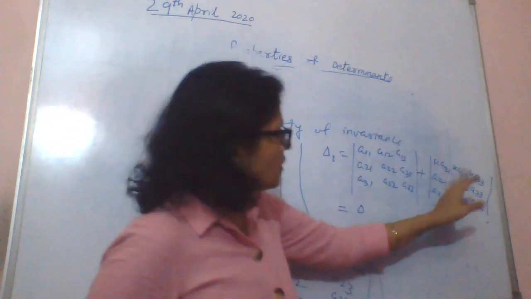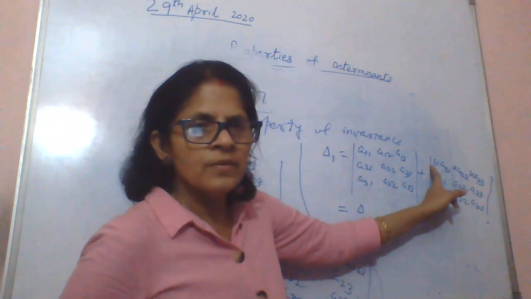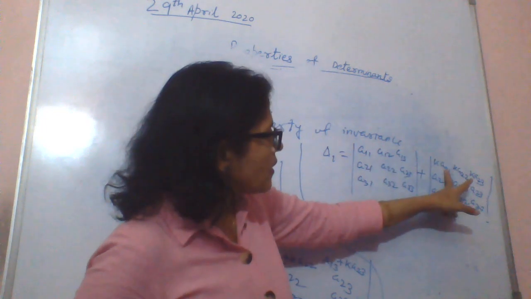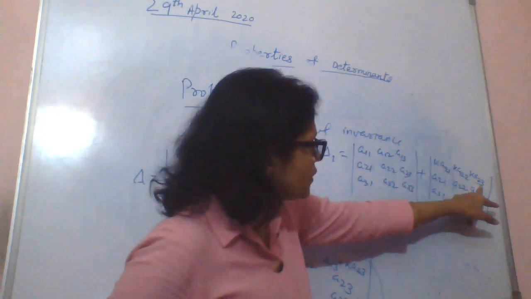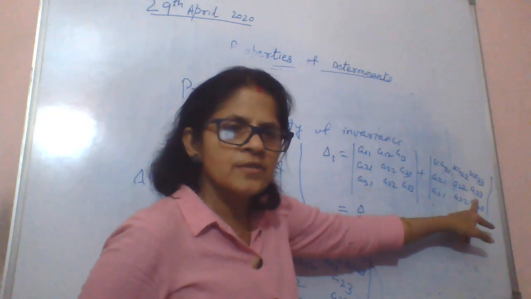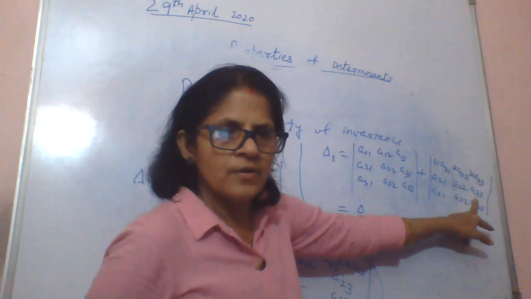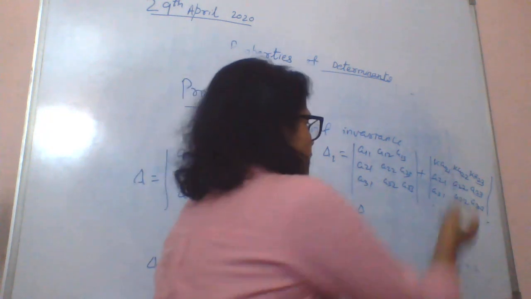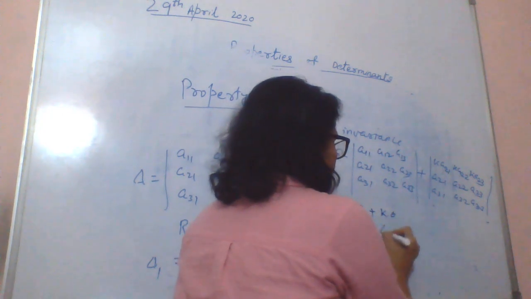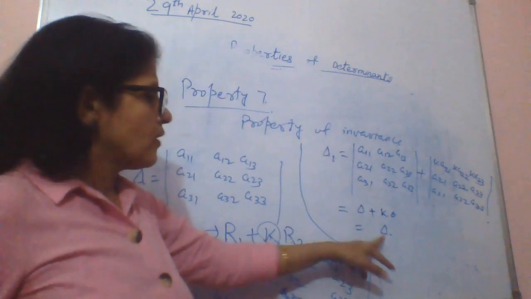What about the second? If I take k common from the first row, you are having a21, a22, a23, and here also a21, a22, a23, which means you are getting the repetition property. Two rows are identical, so this determinant will be k into 0, and you are getting delta only. So delta 1 equals delta.